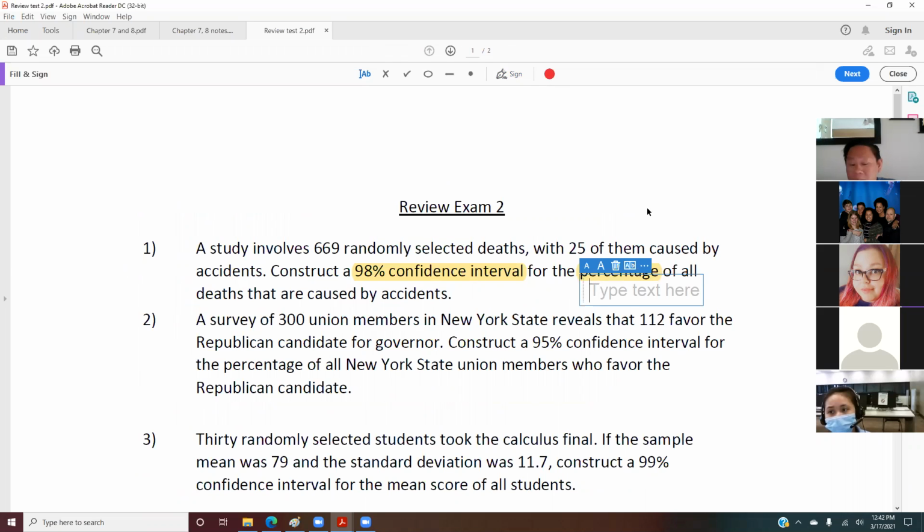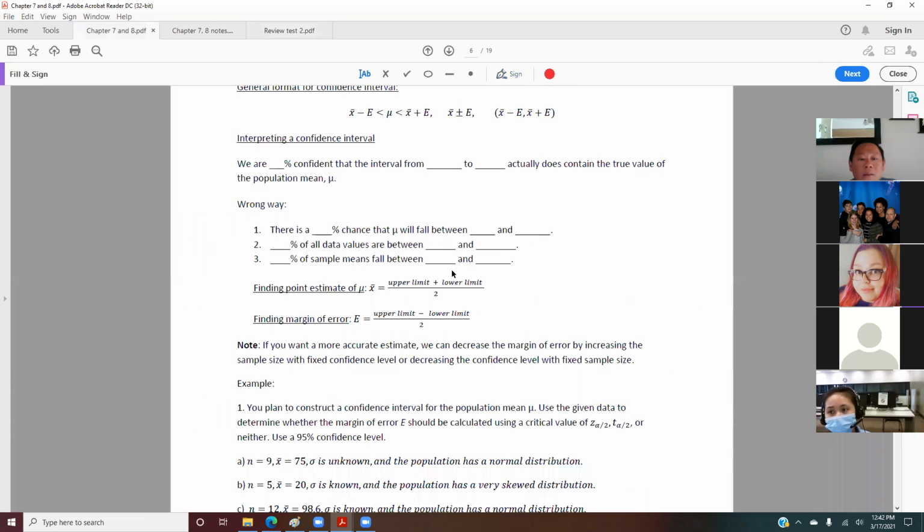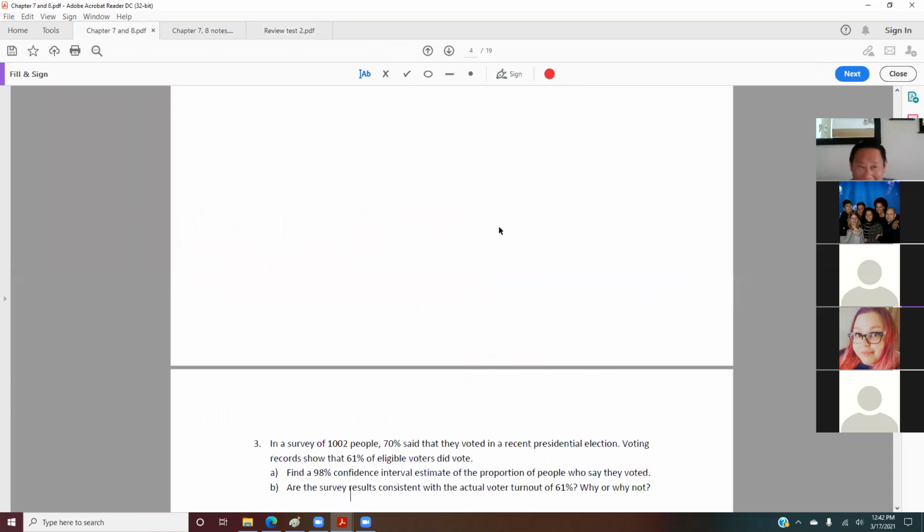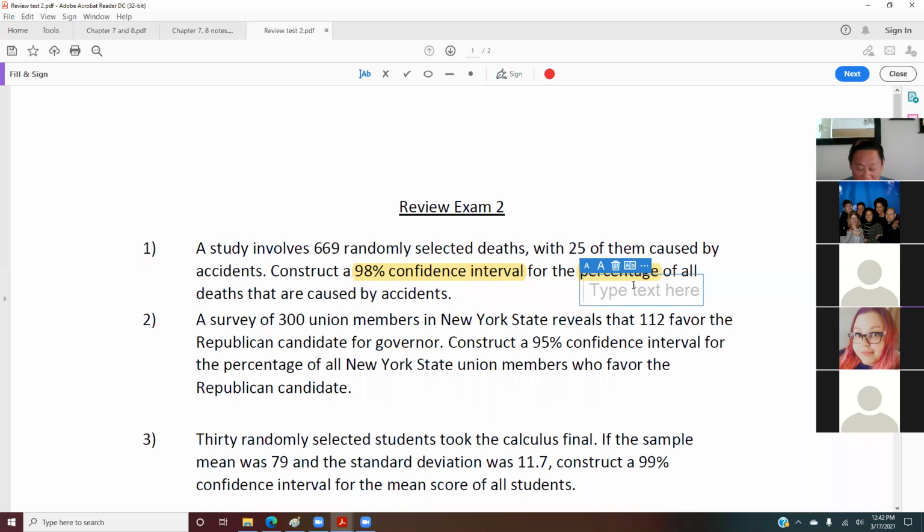Mean or proportion? Proportion. Yeah, so this is about proportion. And when you see confidence interval, this is 7.1. So all of chapter 7 is confidence interval.